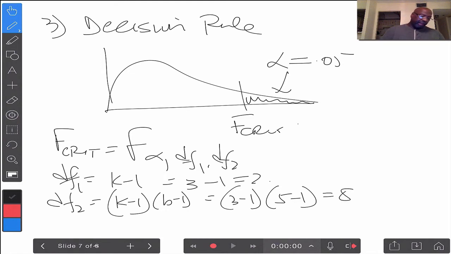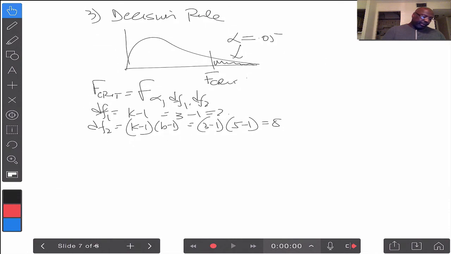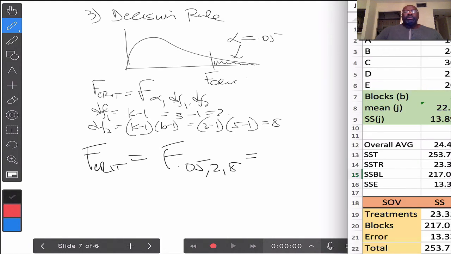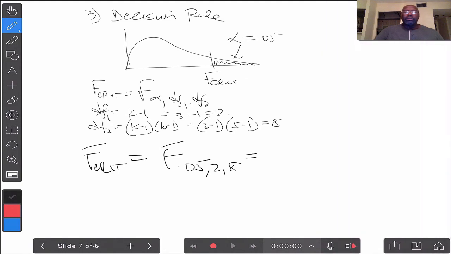So our critical value is F critical, which is F 0.05, 2, 8, which turns out to be 4.46.